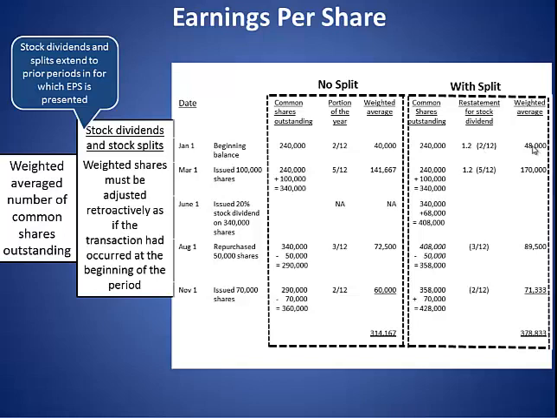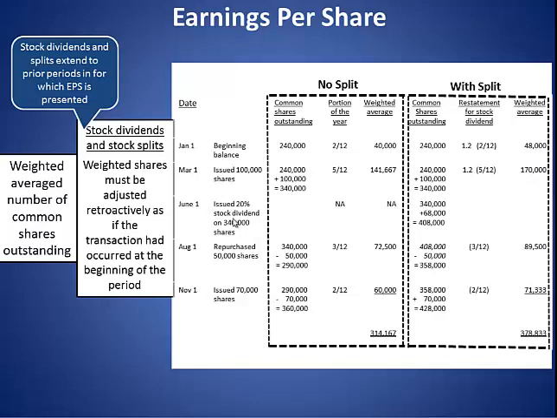Now we go back and look at our old common shares outstanding, where it was 240 plus 100 equals 340. We retroactively adjust those 340,000 shares by multiplying times 1.2, then multiply that times the 5 months those shares were outstanding, and we end up with 170,000 shares.